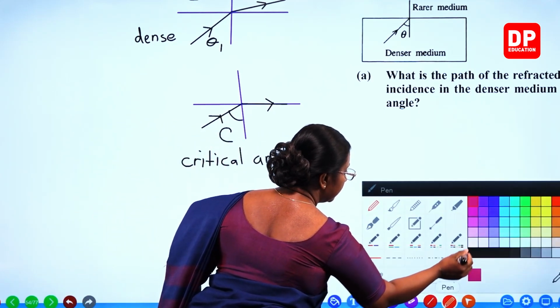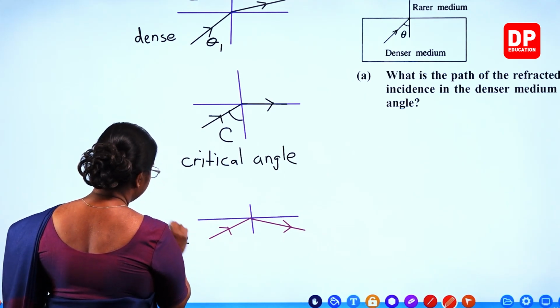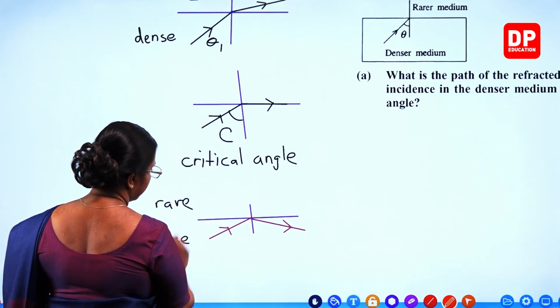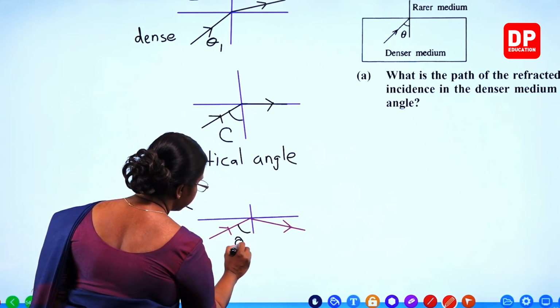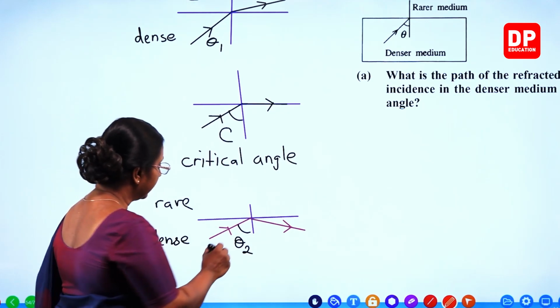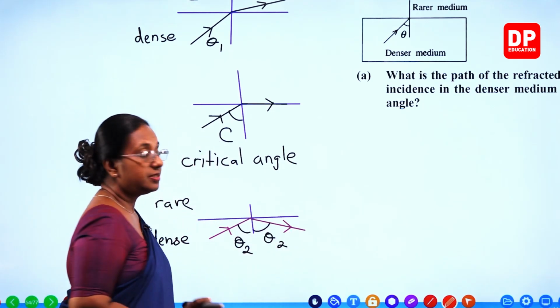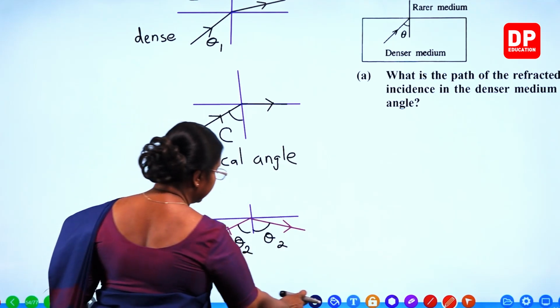So this is the denser medium, dense, rare. Here if we take this as theta 2, that is greater than critical angle, it will reflect with the same theta 2. This is known as total internal reflection.